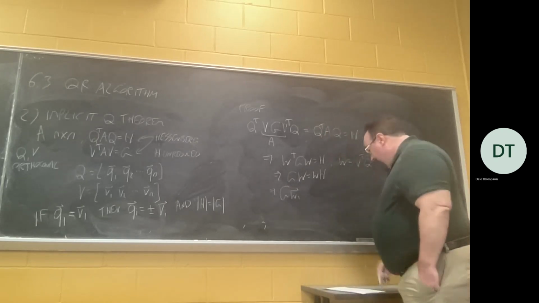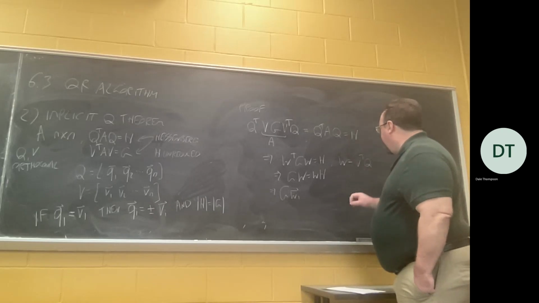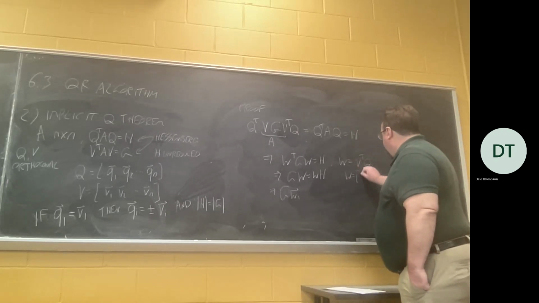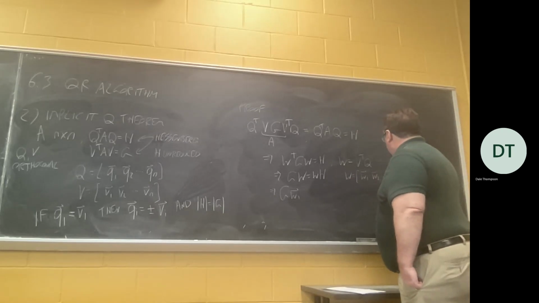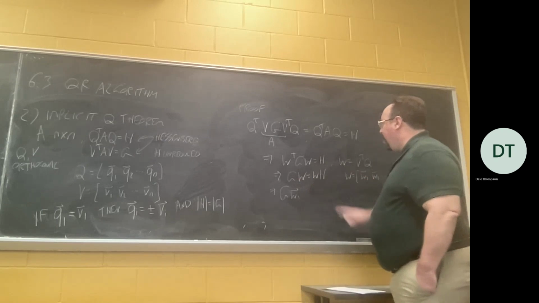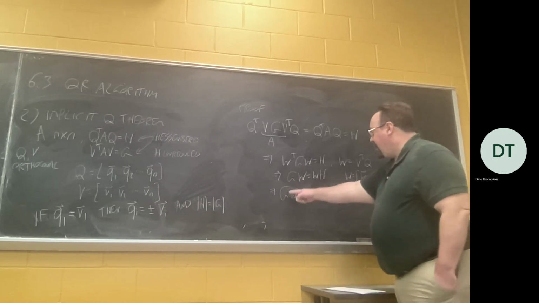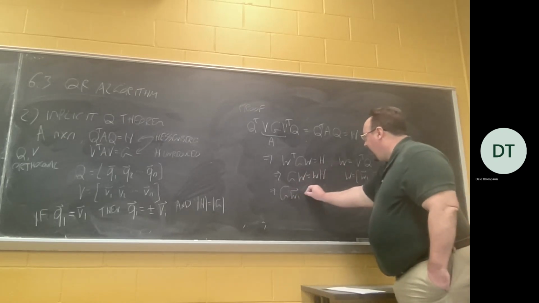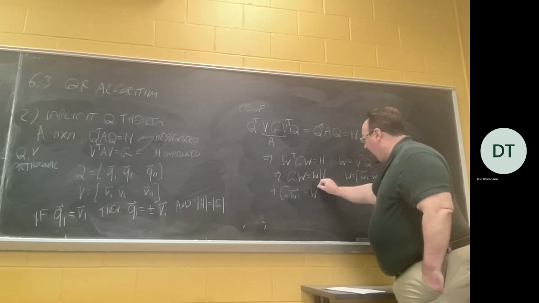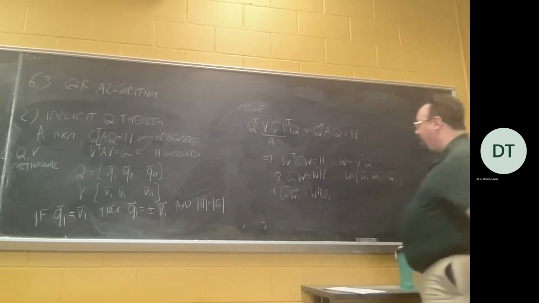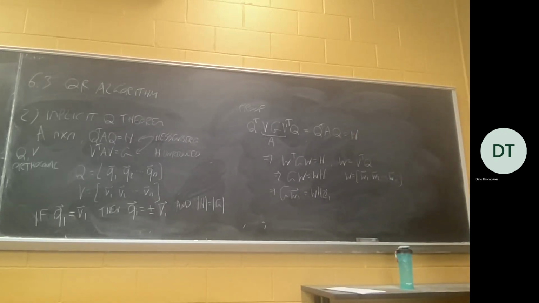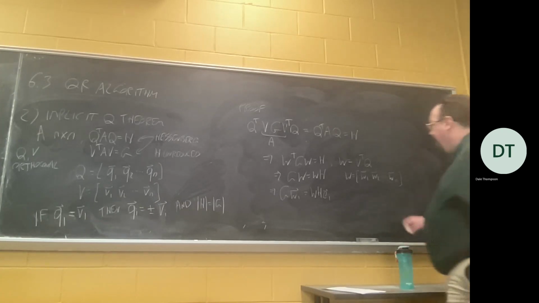So G times W1. W has the same kind of column partition, W1, W2, through Wn. So looking at the first column of both sides, G times W1 is the same as WH times E1 to take its first column. But the first column of H is Hessenberg, has only 2 non-zero entries.